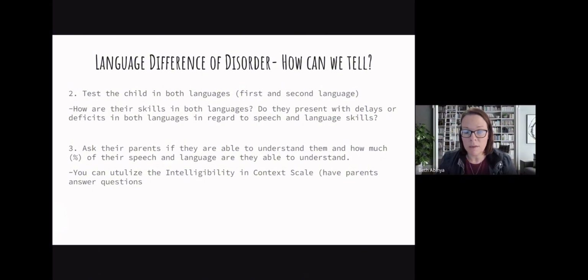So mom, dad, immediate family, can you understand their speech and language skills? Something we can use is called the Intelligibility in Context Scale. You can have parents answer questions, and it's available in many languages. I got this information from a class that I took, and I want to pull it up for you.